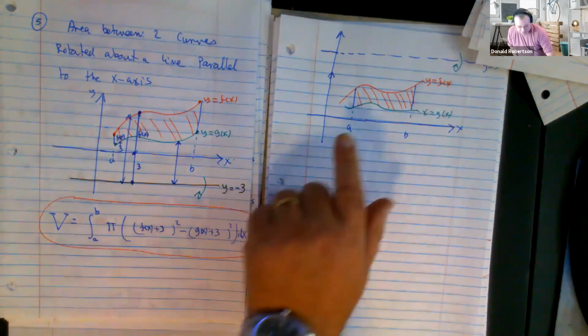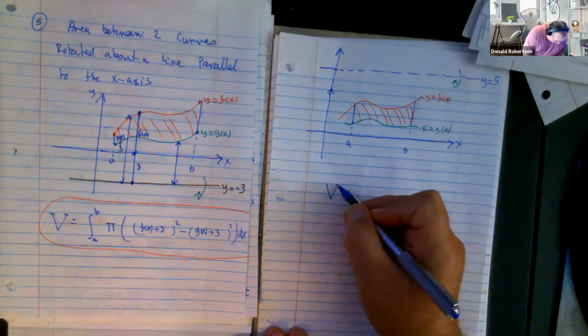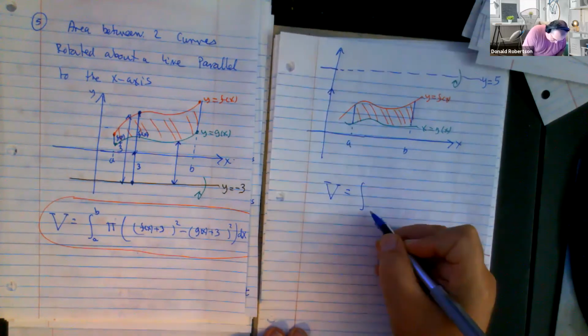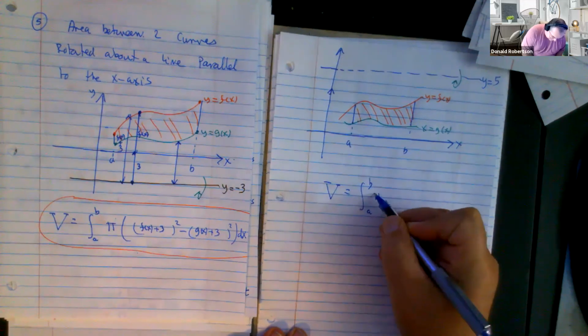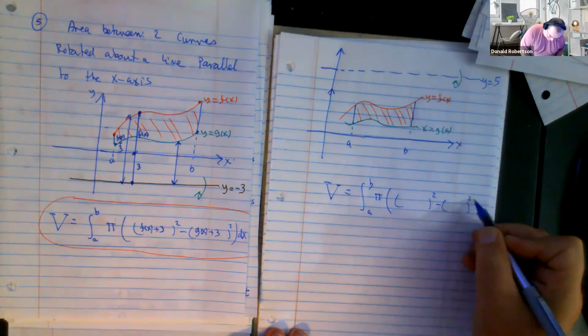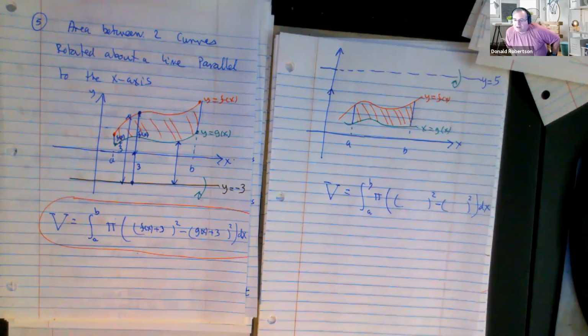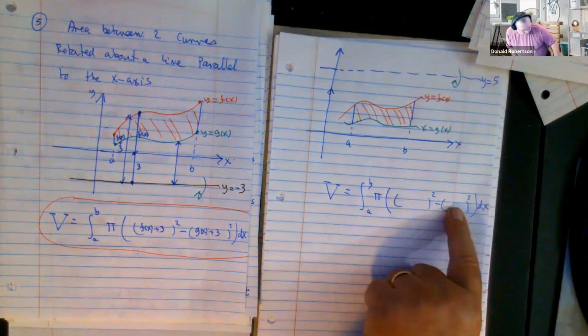What do you do when you rotate above the x-axis? Well, the formula is V equals, it's still a to b, and it's still pi, and it's still somebody squared, take away somebody squared, dx. But these guys are not going to be them.